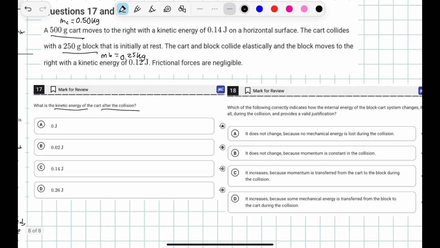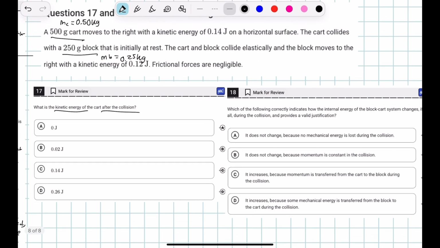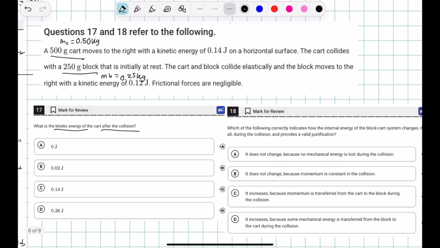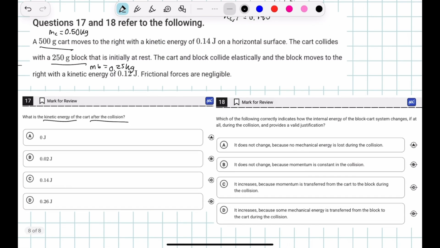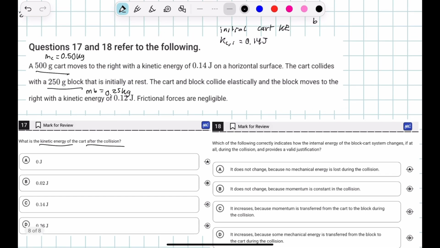Then we have the initial cart kinetic energy, KCI, equal to 0.14 joules, and we know that the block was initially at rest. So that means we know the collision is elastic.